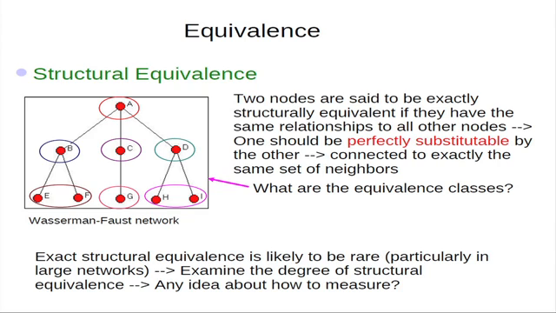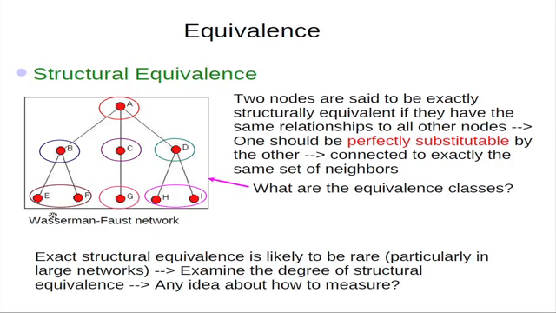We had this same Wasserman-Faust graph, and we said that nodes E, F and H, I are structurally equivalent to one another, and that is why they define an equivalence class in themselves.